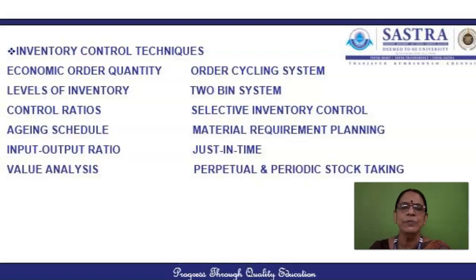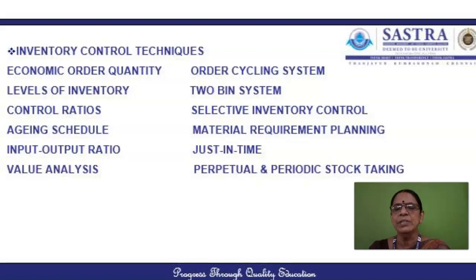The two types of replenishment are the fixed quantity system, Q system, and the fixed period system, P system. Now, first we will see the Q system, that is the fixed order quantity system. In this system, the order quantity is fixed and the ordering time varies according to the fluctuations in demand.